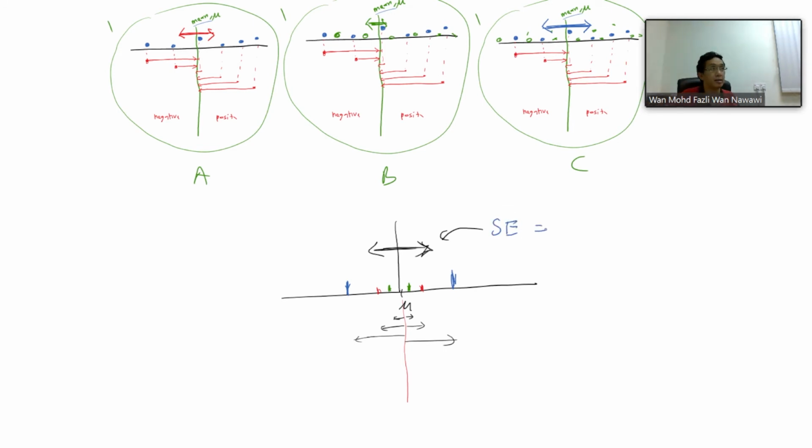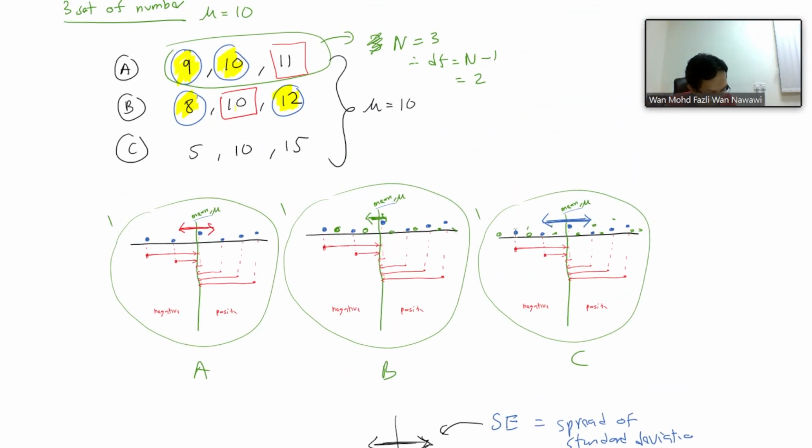It's basically the spread of the standard deviation across many samples.